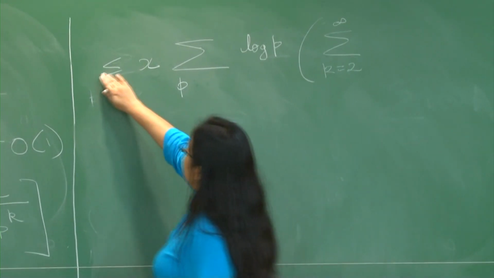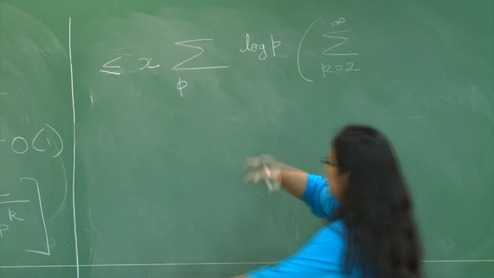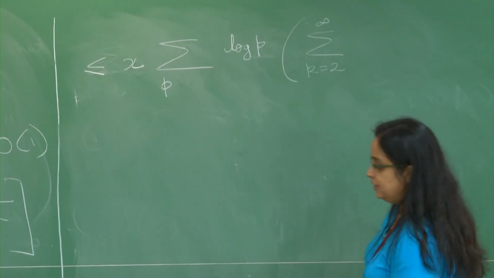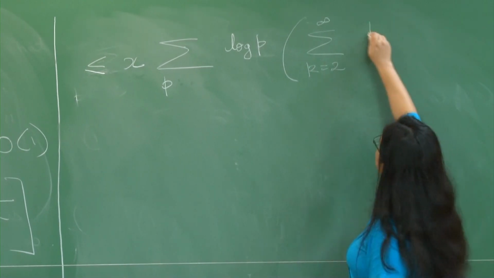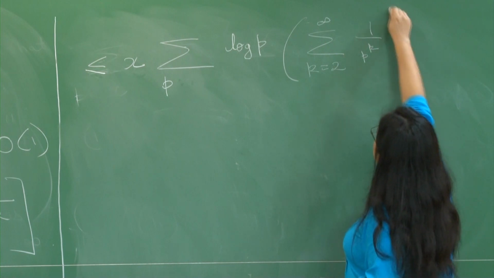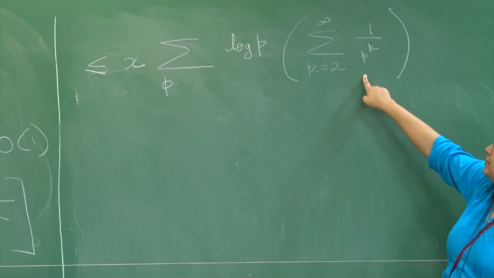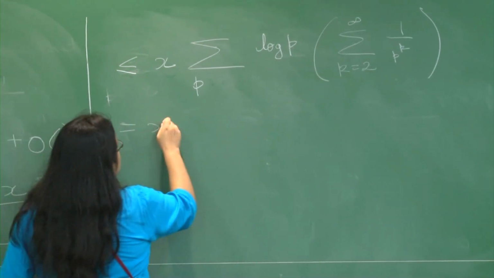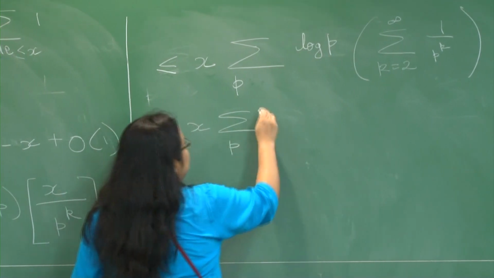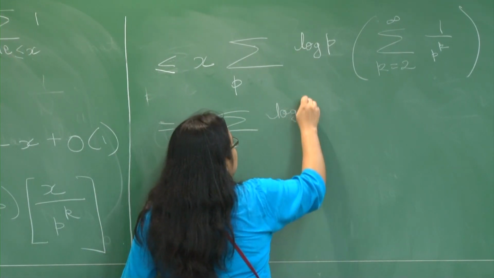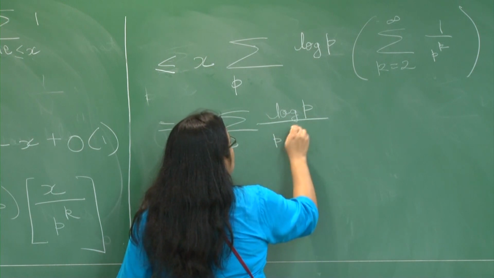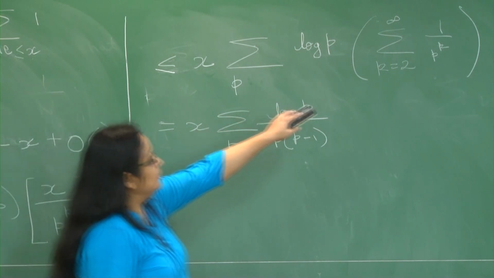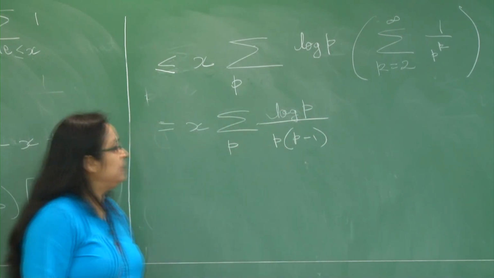Since there is a less than or equal to, you can actually go as long as you want, because each of the terms here is contributing a positive weight. So, you have 1 over p to the k. You all know how to evaluate this. This is a geometric sum. So, what you have is the above is x summation over p log p over p times p minus 1. I will let you verify. The sum turns out to be exactly equal to 1 over p times p minus 1.